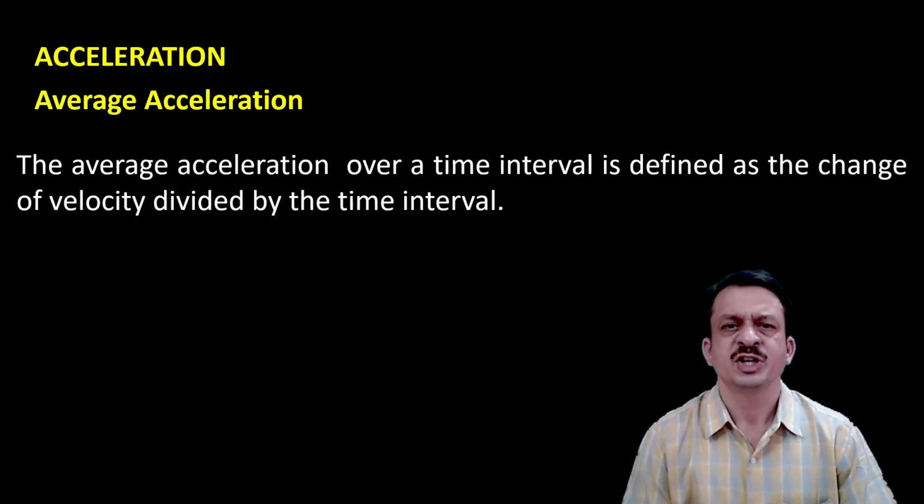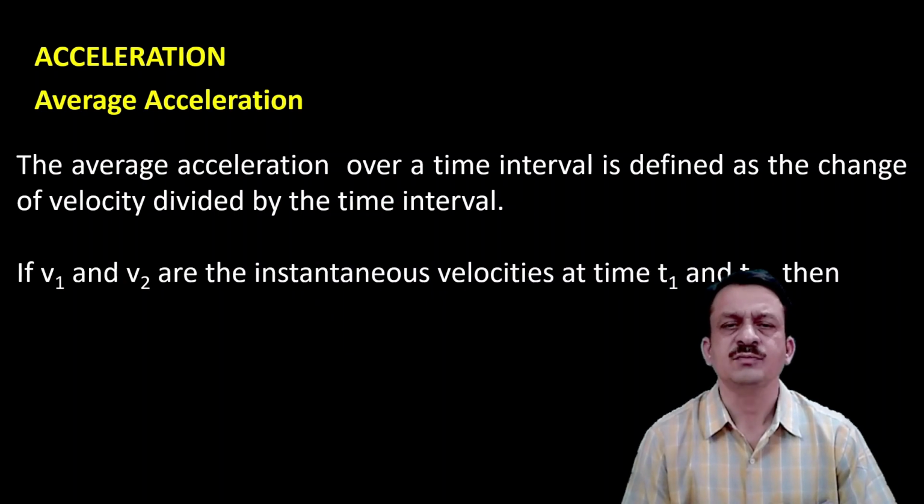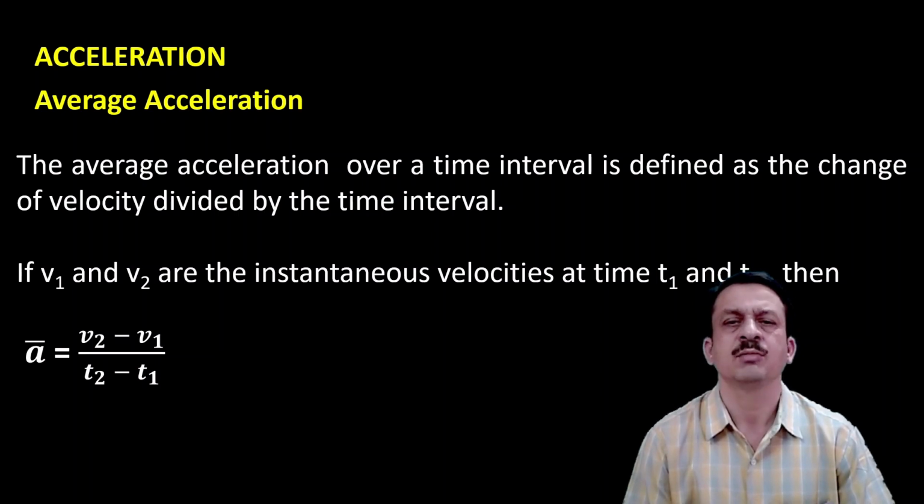Then the change in velocity is v2 minus v1. The time interval is t2 minus t1. Therefore, if v1 and v2 are the instantaneous velocities at two times t1 and t2, then the average acceleration, A bar, is given by v2 minus v1 divided by t2 minus t1.